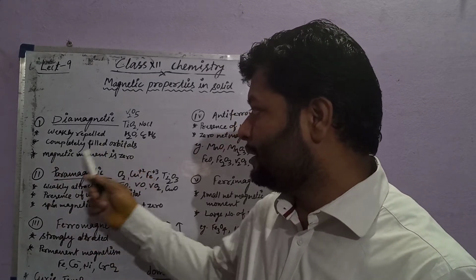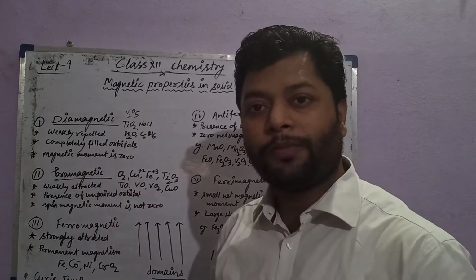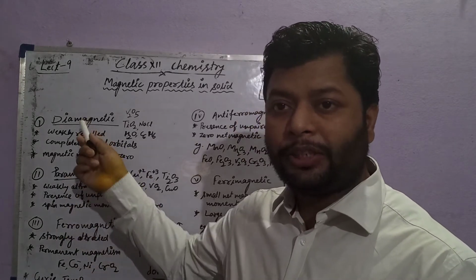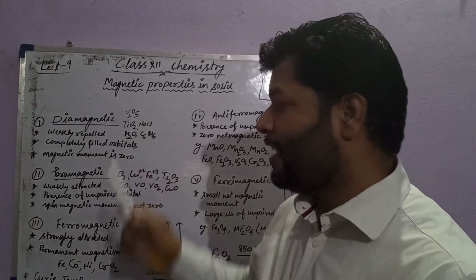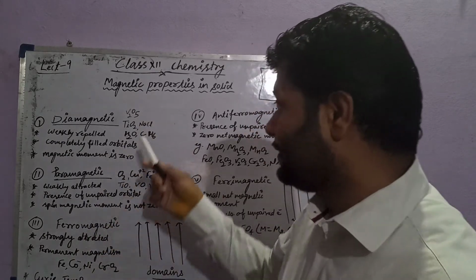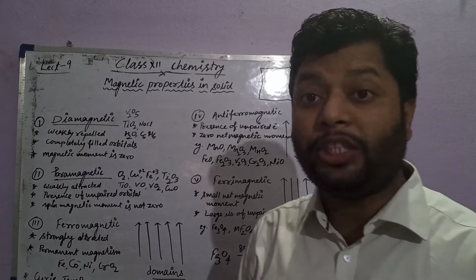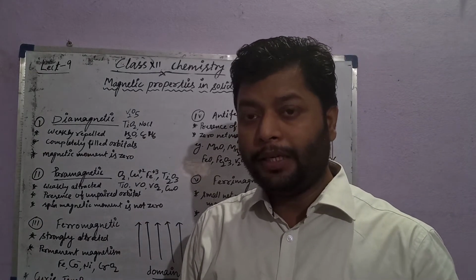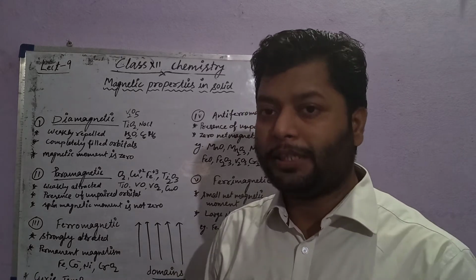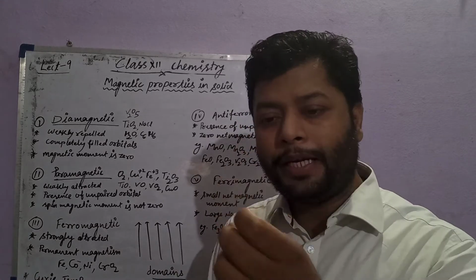With completely filled orbitals the magnetic moment is zero, and due to this the substance is known as diamagnetic. For example, vanadium pentoxide, titanium dioxide, sodium chloride, water, benzene, and all those having completely filled orbitals. No unpaired electron is there.